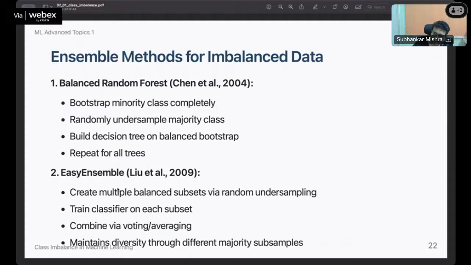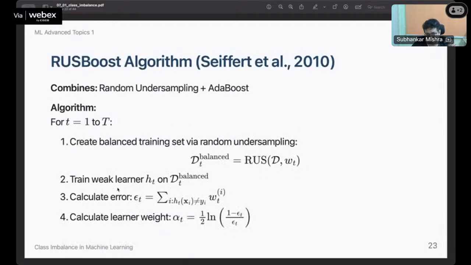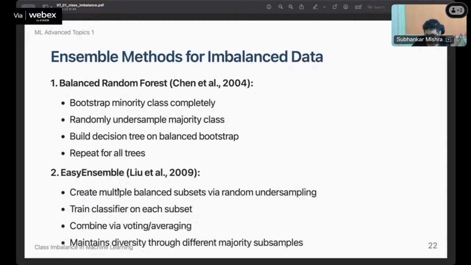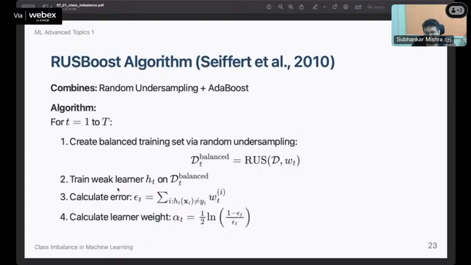I hope you remember the ensemble methods: random forest with bootstrapping, and boosting. Balanced random forest and EasyEnsemble were the answers from the random forest side of view, the bootstrapping or bagging side of view. This one is more from a boosting side of view.